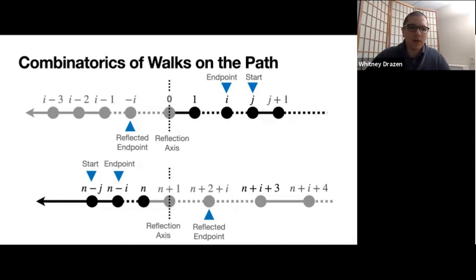So it's the same thing. The reflected endpoint and the original endpoint are equidistant from n plus 1, and we can count them in exactly the same way.